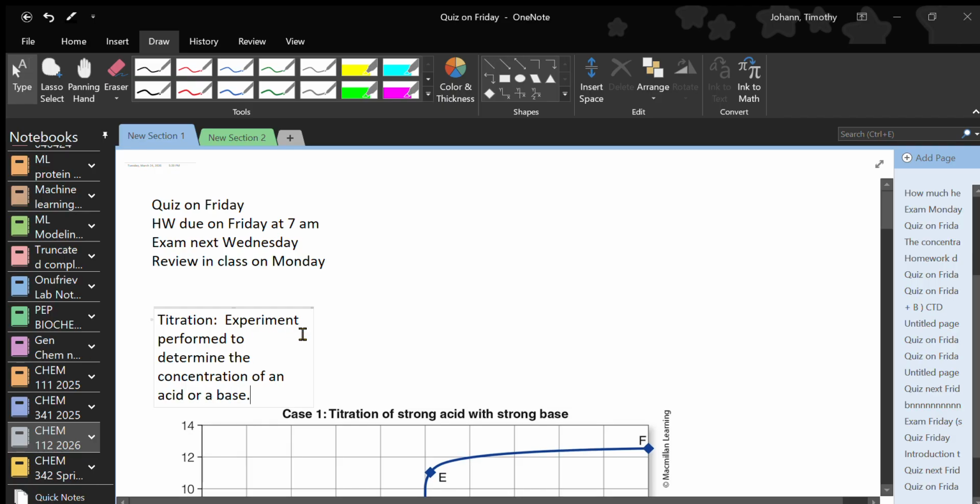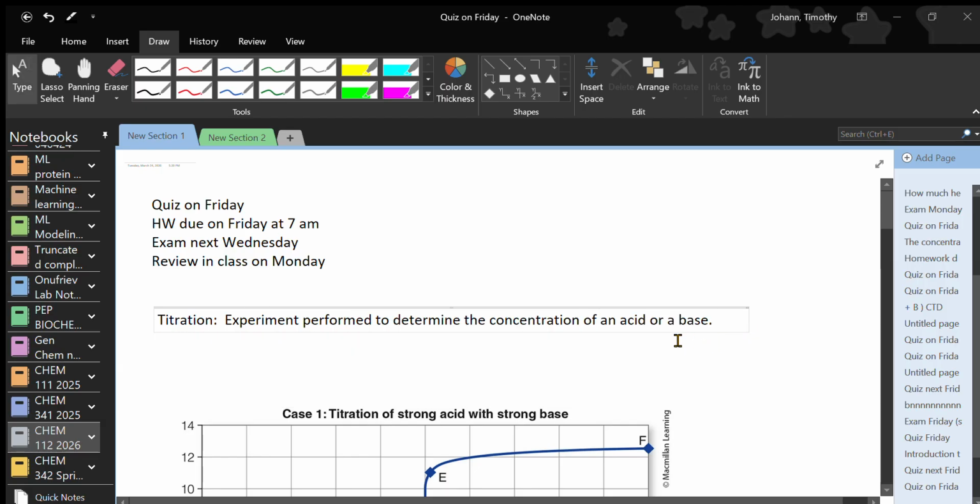If you want to determine the concentration of an acid, you're going to add a base to it. If you want to determine the concentration of a base, you're going to add an acid to it.